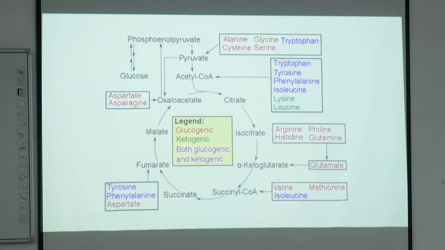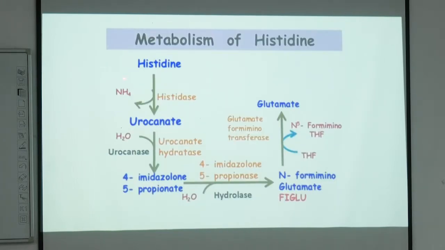So what is this cycle? Krebs cycle. Here, at the level of alpha-ketoglutarate, these amino acids are entering in the form of glutamate. Histidine, with the help of histidase, is converted to urocanate.